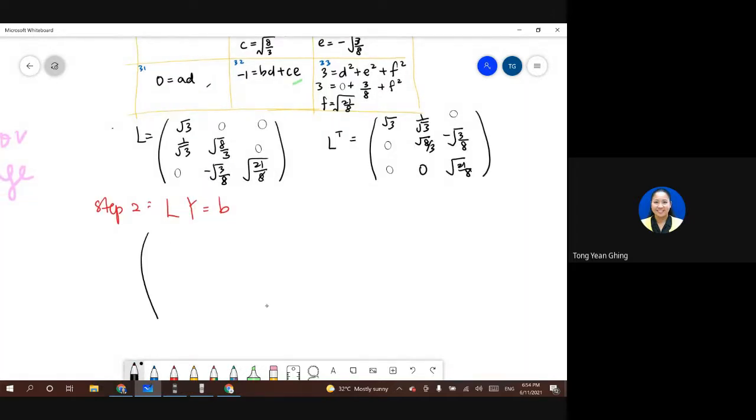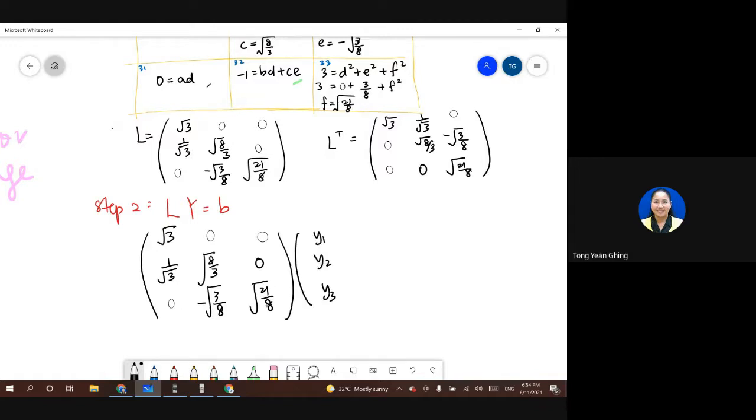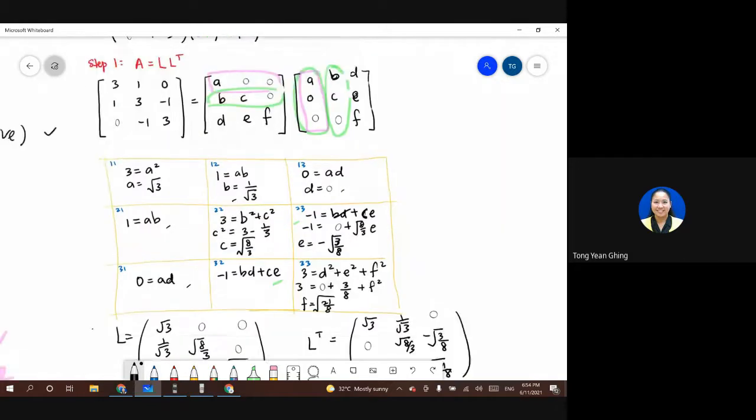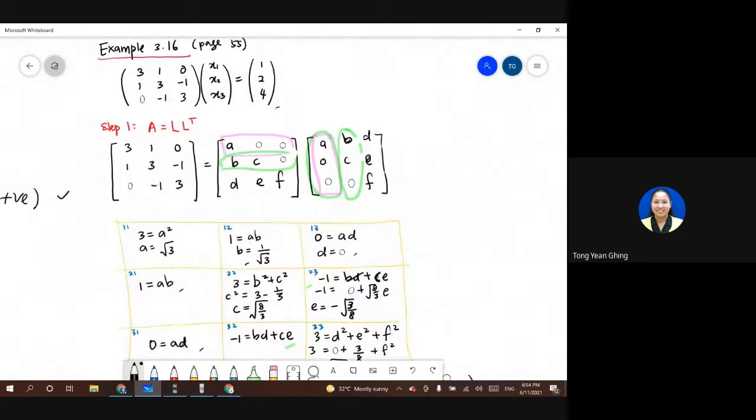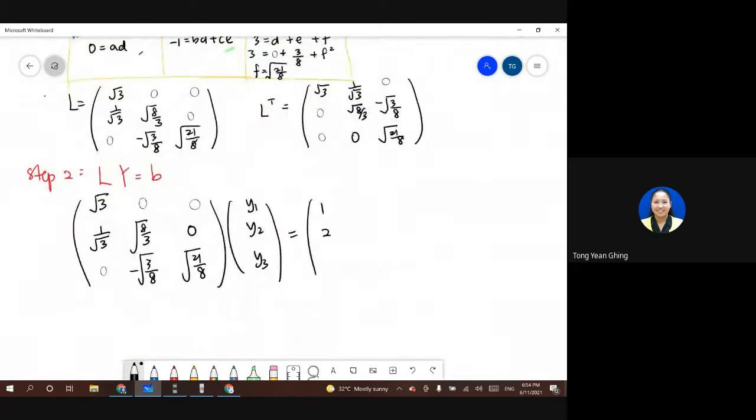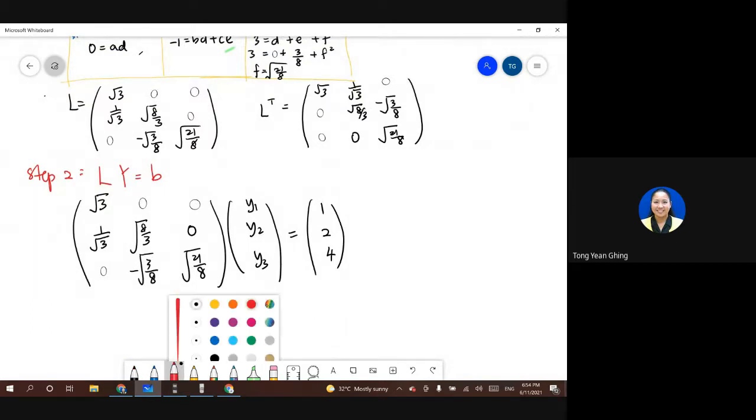Our L is here: square root of 3, 0, 0, 1 over square root of 3, square root of 8 over 3, 0, negative square root of 3 over 8, square root of 21 over 8, times y1, y2, y3 equals the values just now, 1, 2, 4. B is 1, 2, 4. So here we use forward substitution.